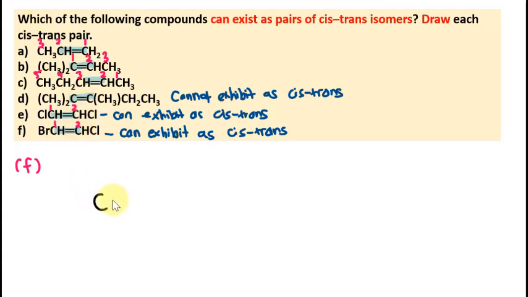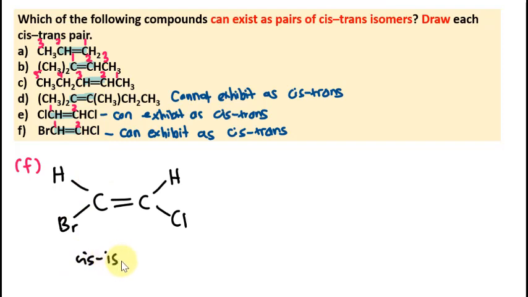Take out the double bond and the 2 bonds like this. In the first carbon, we have 1 hydrogen and 1 bromine. The second carbon has 1 hydrogen and 1 chlorine. Since the hydrogen is the same on both sides, this one is our cis isomer.